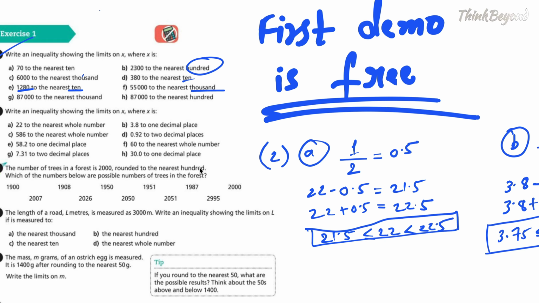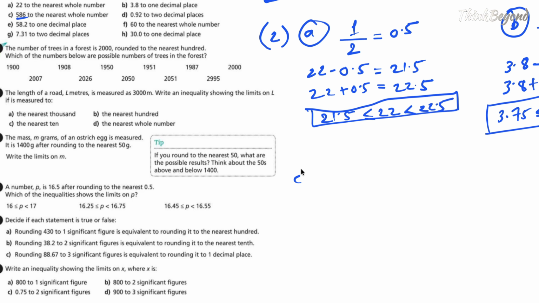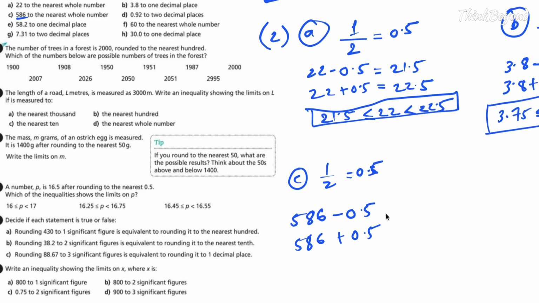Now for question C. 586 to the nearest whole number. Nearest whole number, it means they are talking about 1. So half of 1 is 0.5. Okay. And 586 minus 0.5, 586 plus 0.5.